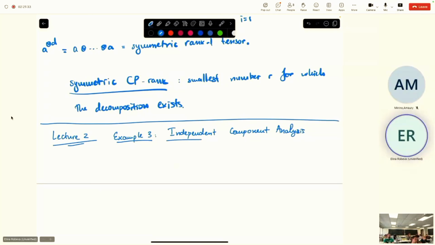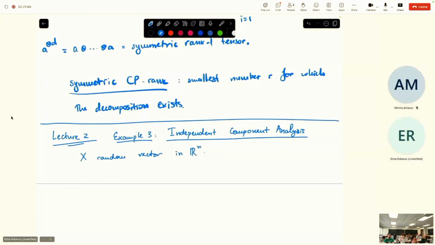Okay, so what is this? Here we have a random vector x, let's say in R^n. And then we know that x equals A times s, where A, let's say, is n by n, and s is also a random vector in R^n, but s has independent components.